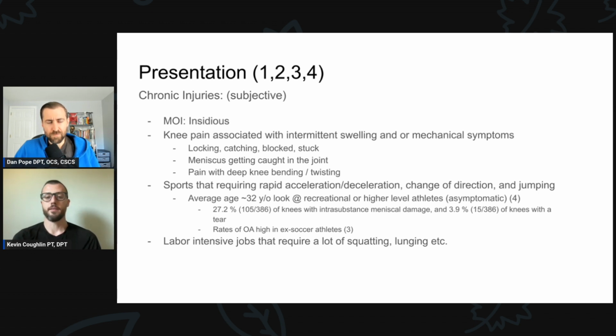So we see higher rates of meniscus tears and arthritis in ex-soccer athletes. And then just in the subjective, figuring out what this person does for work. If they have a more labor-intensive job, maybe a flag goes up, this could be a chronic meniscus type thing. But something to keep in mind there, just in terms of what their daily activities look like and what stresses in their life are flaring their knee up a little bit.